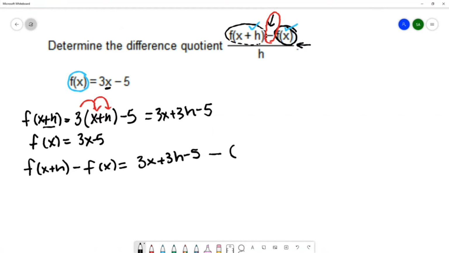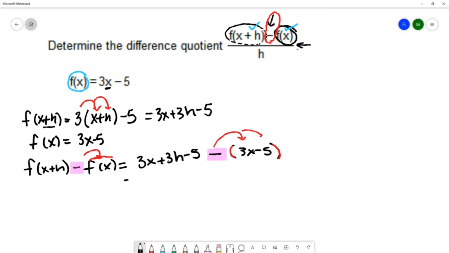I need to put parentheses around that 3x minus 5 because I want to make sure that this minus sign applies to the whole function and not just the first term.